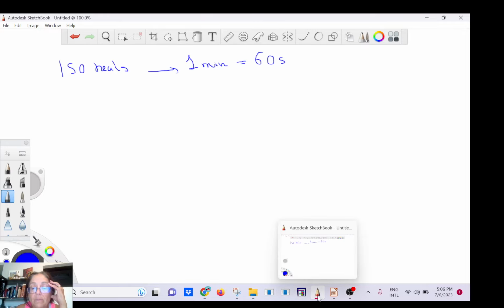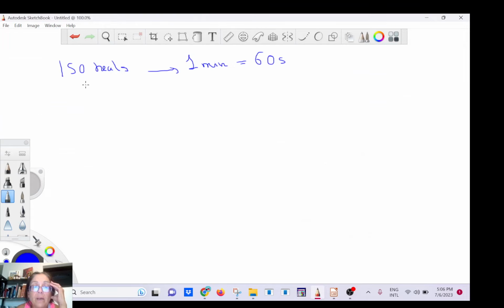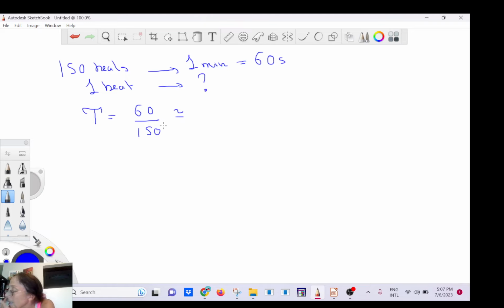They want to know the period, which means the time per beat, for 1 beat. So the period is going to be 60 divided by 150, which is about 0.4 seconds.